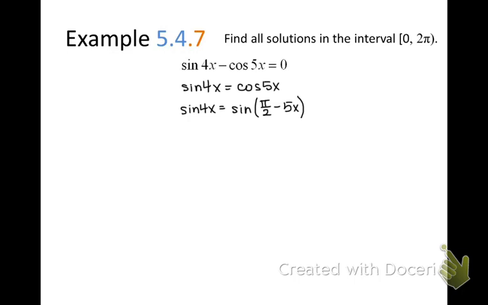What's the easiest? Is if the angles are the same. That would be the easiest scenario, is if you had that the angle 4x was exactly equal to the angle pi over 2 minus 5x. Agreed?